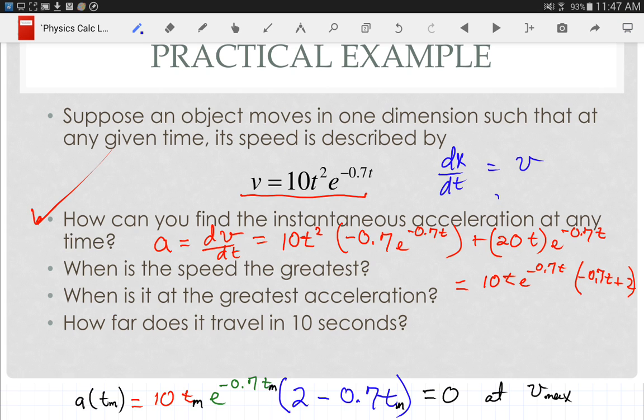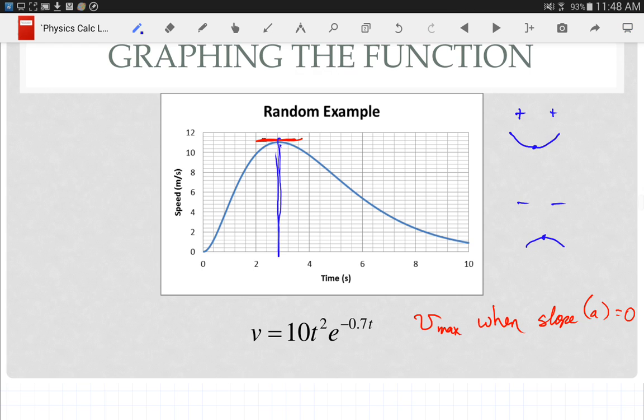So if I separate variables, I'll have dx equals v dt, as long as v is just a function of t. Integrate both sides, and I get my distance. Looking at the picture of the graph, what is the equivalent to integration? The area under it. So the area under this graph is the integral.